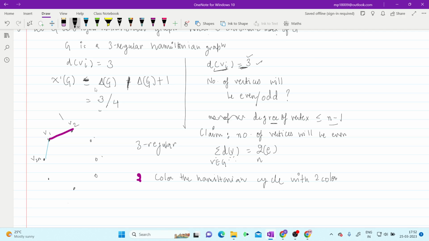Now suppose we look at the graph, a 3-regular graph with a Hamiltonian cycle.